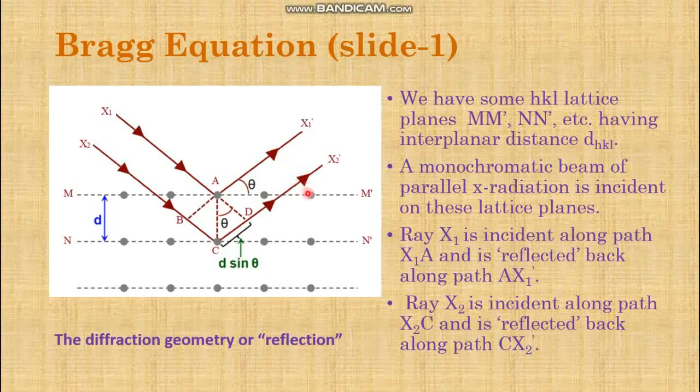So they have to have the same phase difference, isn't it? The condition for constructive interference is that the path difference should be an integral multiple of wavelength lambda.